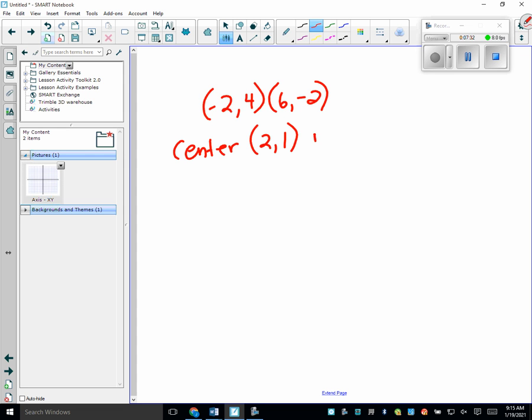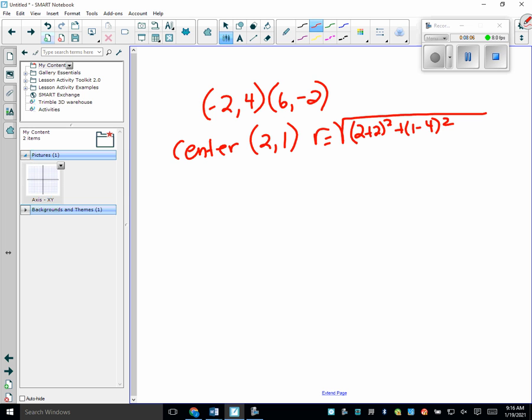Okay, so is the radius equal to the square root of (2 plus 2) squared plus (1 minus 4) squared? Is that right? Subtract the x's, square it, subtract the y's, square it.